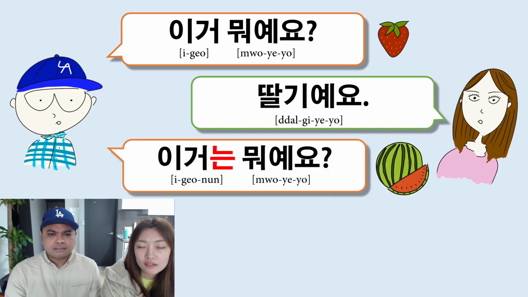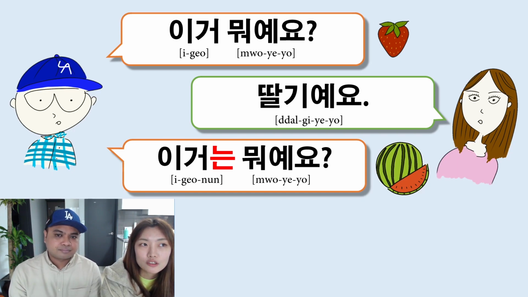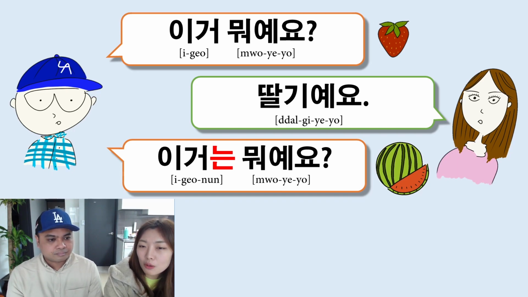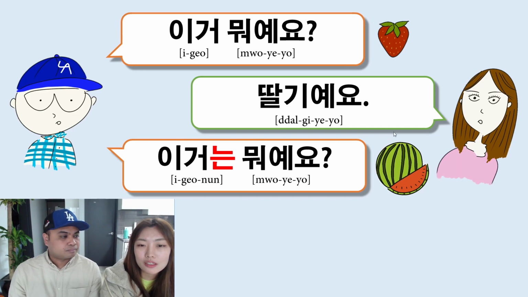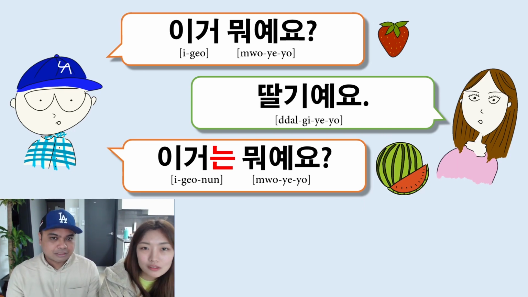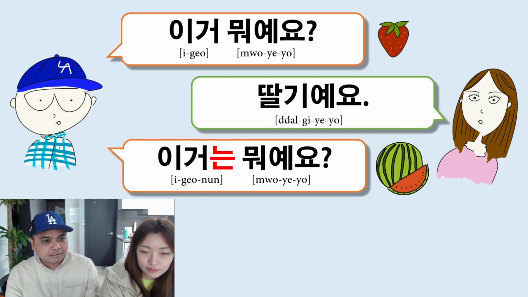I'm just adding 는. So what am I doing with the sentence by adding 는? It's like you ask the same question but about a different topic. Like you ask about the strawberry, and then you want to know about the watermelon. So 이거는 뭐예요? Same question, but there's a different thing. So it can also kind of mean, oh, what about this?